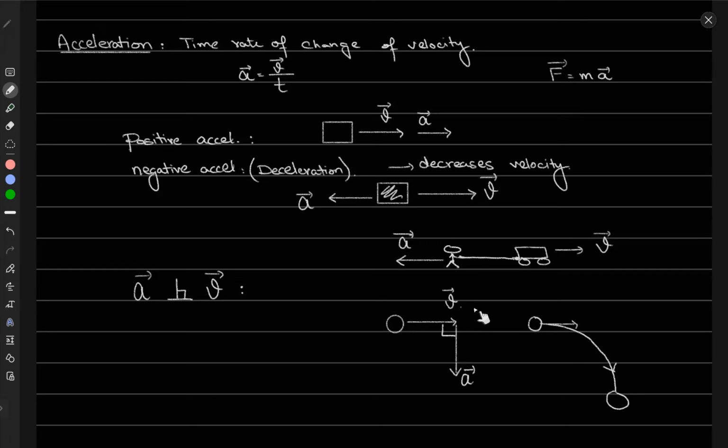Now just imagine that you have any object moving in a particular direction and you apply a force perpendicular to that direction. What will happen? The direction of this object will change.